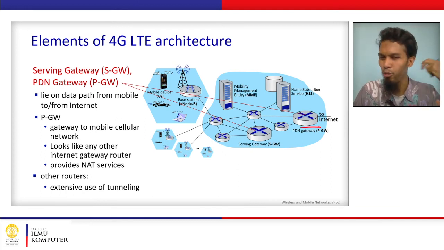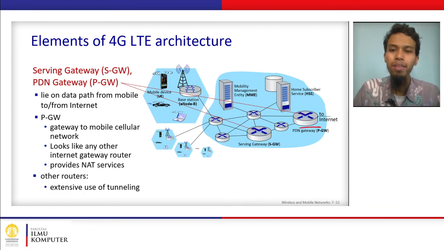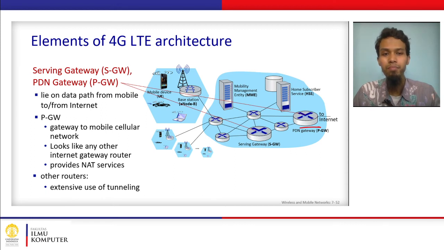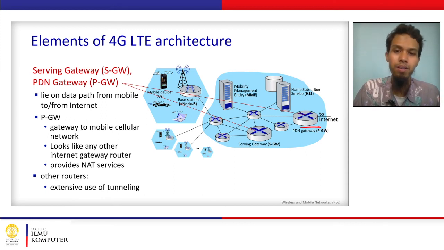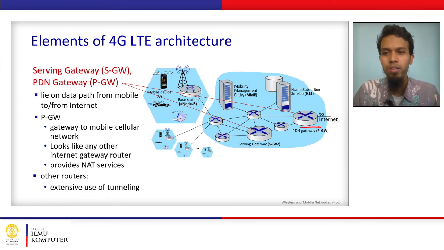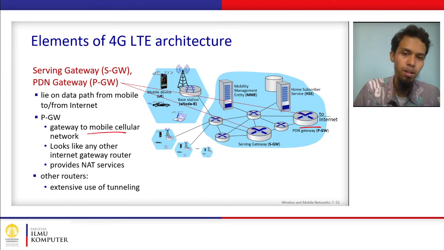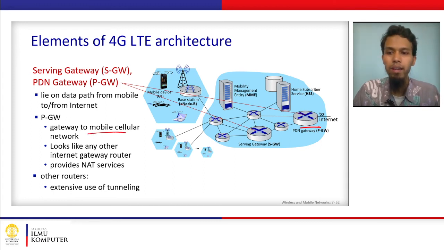Okay, so we can have only one gateway to the internet, and there is a serving gateway, which can be any router in the network. This can act as the serving gateway. Okay, so this is in the data path from mobile to the internet. And then the P gateway or PDN gateway is the gateway from the mobile cellular network to the internet. And it looks like any other internet gateway router and provides NAT services.